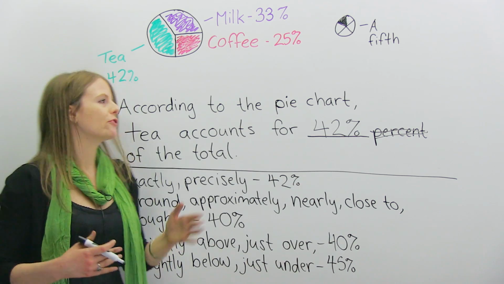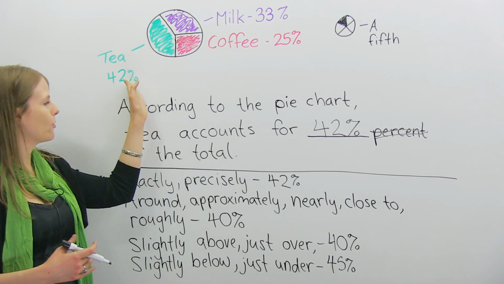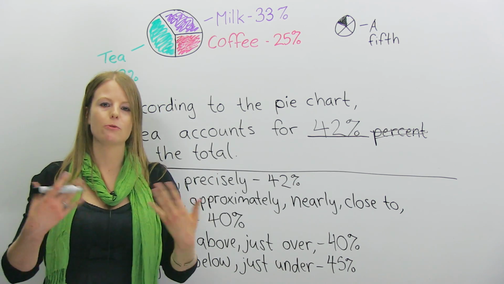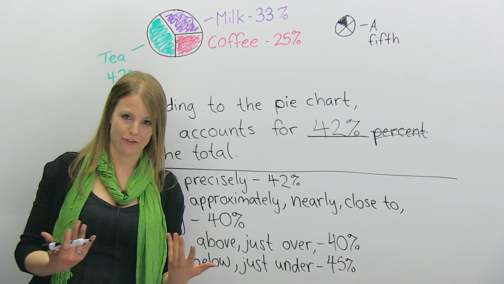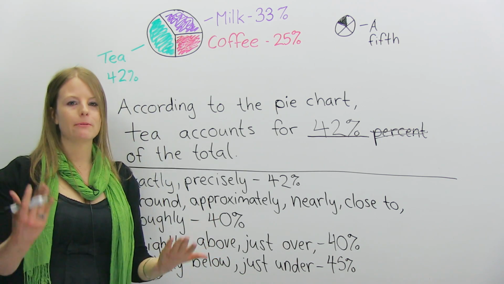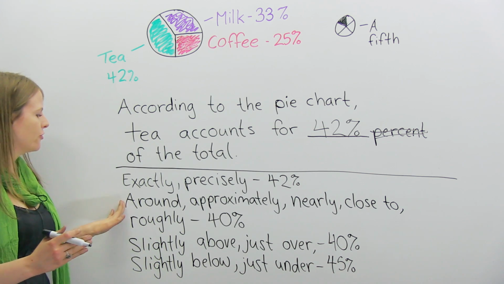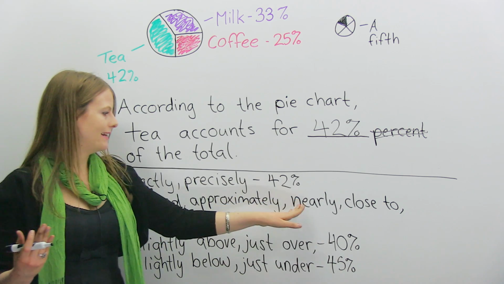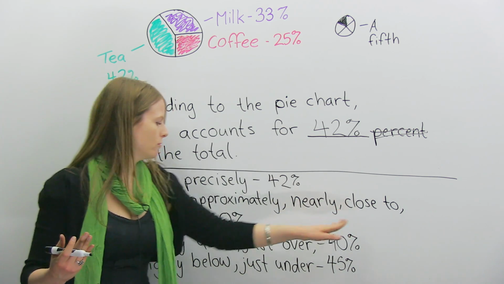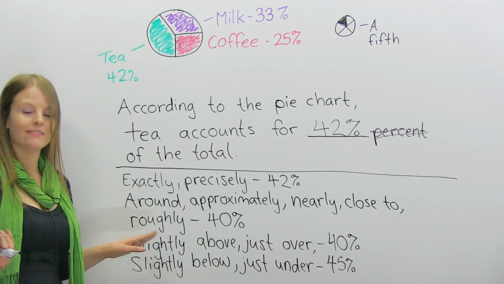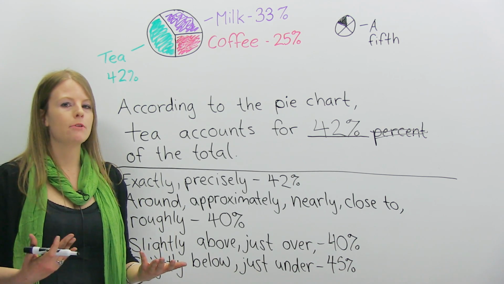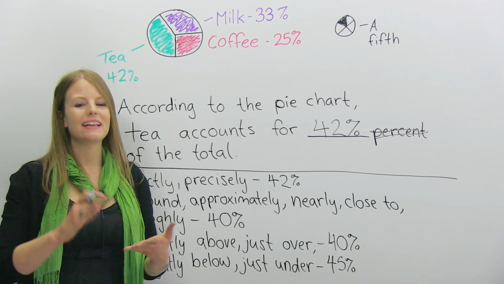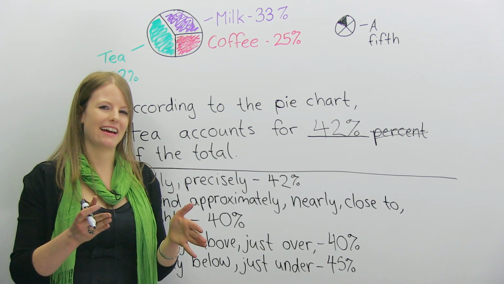Now, what if I'm just looking at this and 42% is too specific? I just want to be a little bit more general. Well, if I don't want to be exact, I can use the words around, approximately, nearly, close to, roughly. So in this case, I'm not giving the exact number, I'm giving near that number.